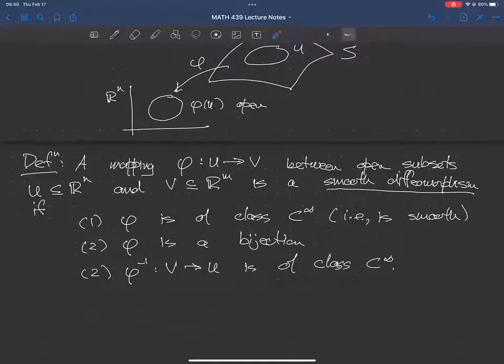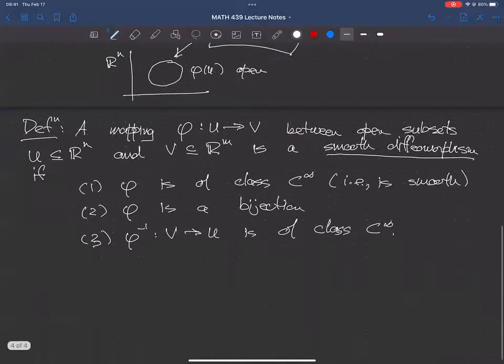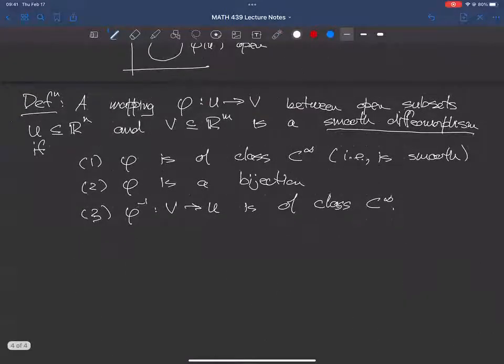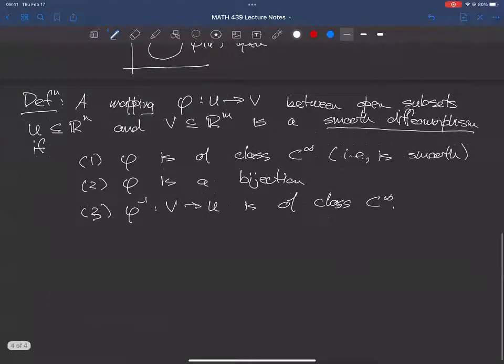Okay, and so it's not true that 1 and 2 implies 3. And there are simple examples that you'll see on your homework. So in fact this mapping is not just smooth. Of course if it's smooth, it's continuous. And so what I have is a continuous mapping between open subsets of Euclidean space whose inverse is also continuous.